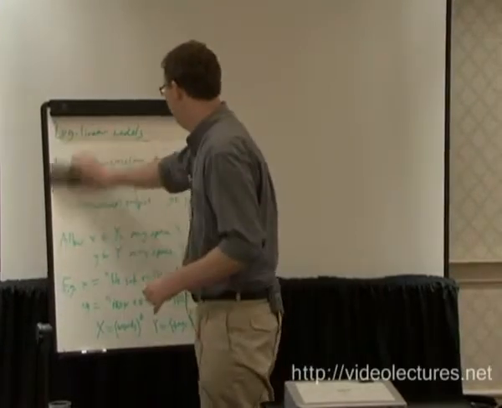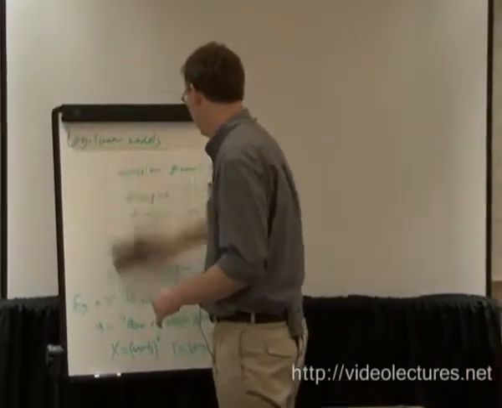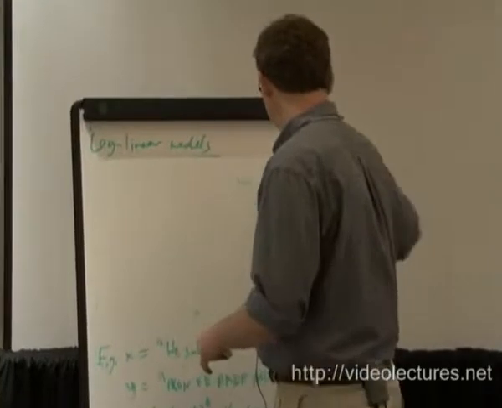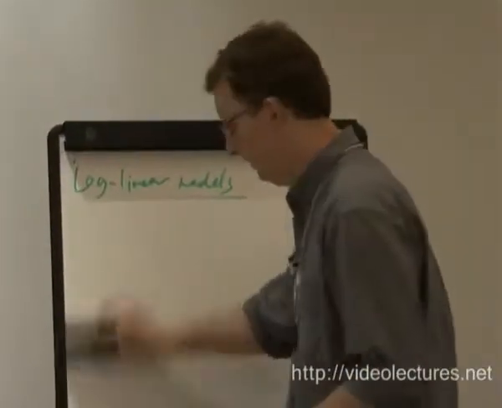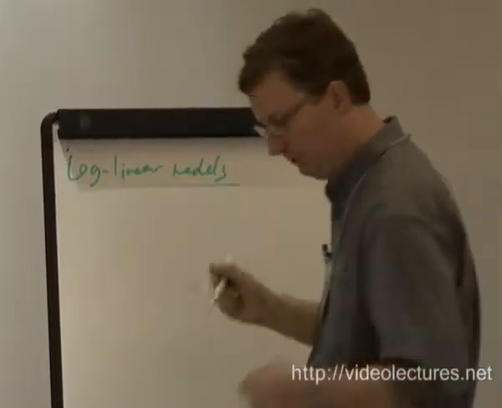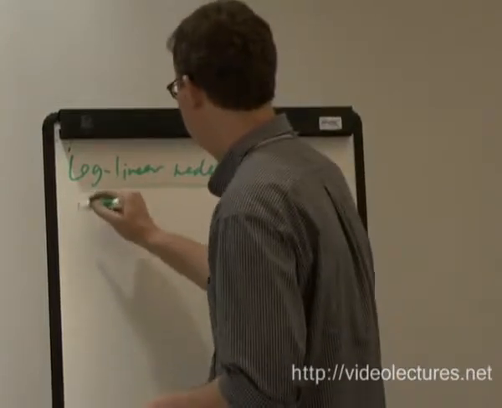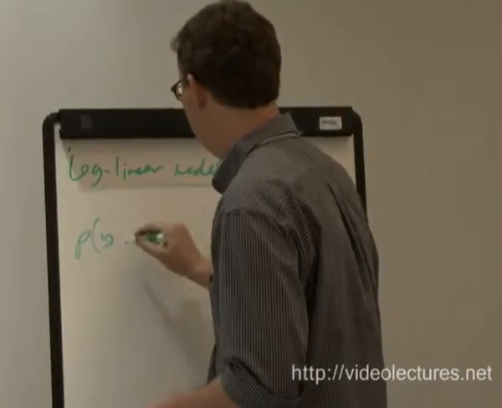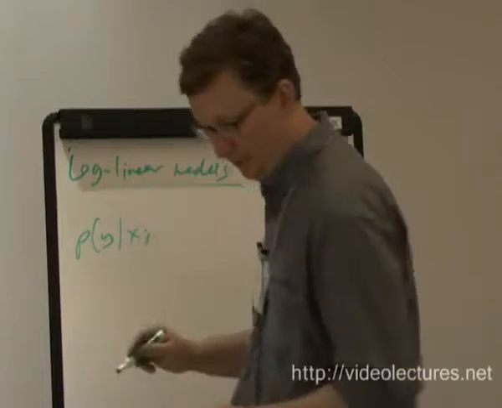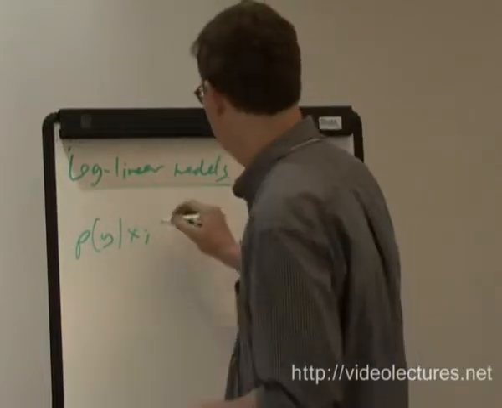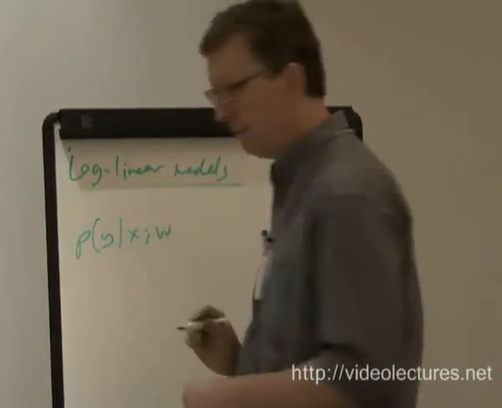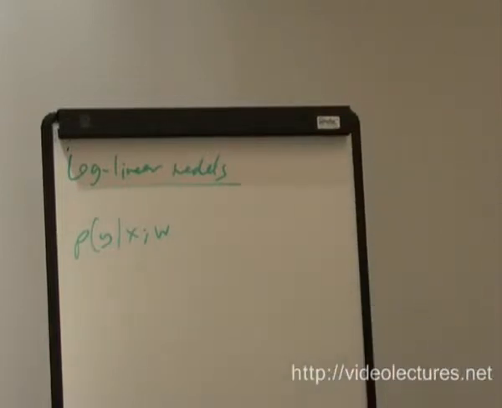Okay. So here's the model. Probability of y given x, and for some reason I'm changing my notation now. Instead of using beta for the parameters, I'm using w for the parameters. W stands for weights.